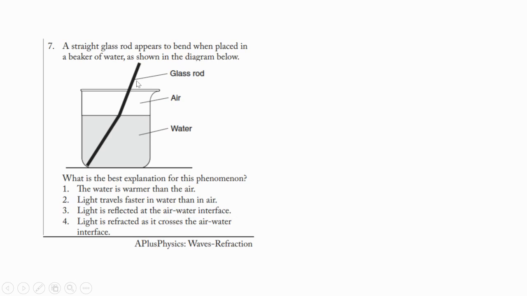If it was reflected, it would go straight, because that's what the law of reflection states, that there is no bend. Light is refracted as it crosses the air-water interface. I would say this will be the right answer.